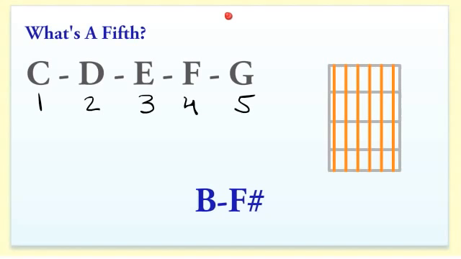You notice there's no zero. You might think it goes C to D, that's 1, D to E, that's 2, but no, it's the number of letter names that are in the interval. So the distance from C to G is called a fifth. Let's do another one. Take G, and you go G, A, B, C, D. That's going to be a fifth. 1, 2, 3, 4, 5.